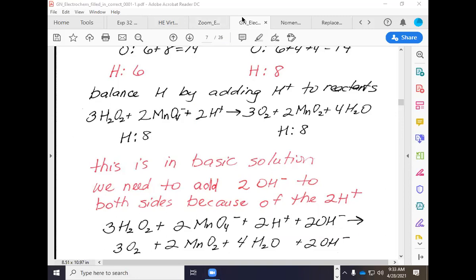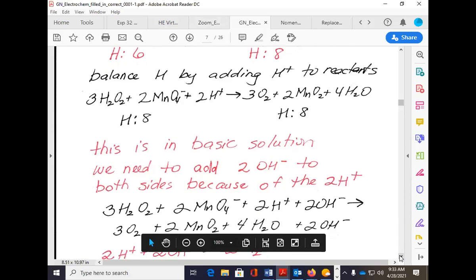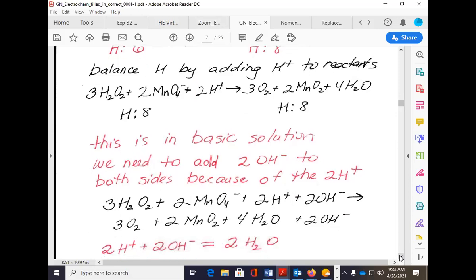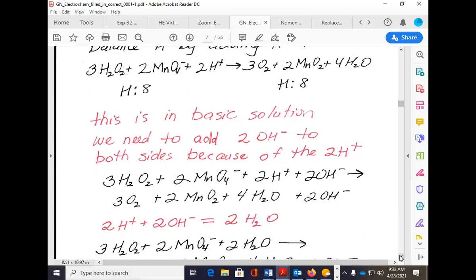Okay. So now it's water. We don't write it as 2H plus and 2 hydroxides. It's 2 water. So now we can write the reactants again, but we will write the 2 water.